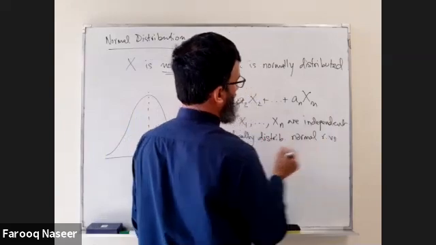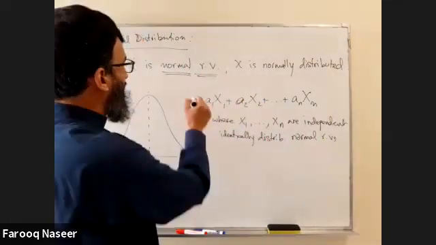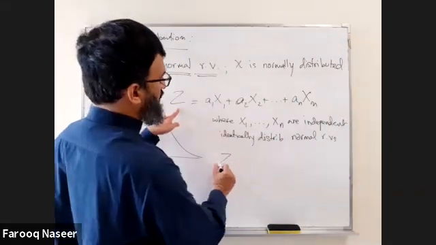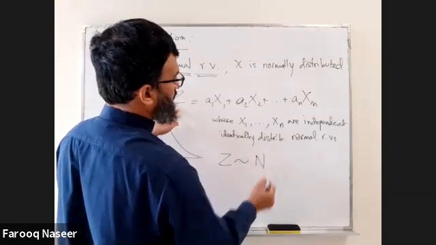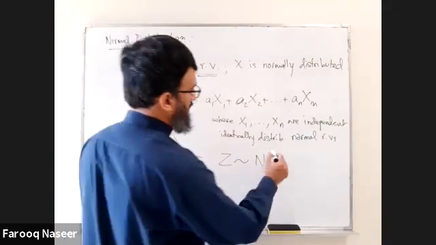Identically distributed meaning have the same mean and variance. So if you take a sum of these variables, that new random variable also follows normal distribution with its own mean and variance, right?